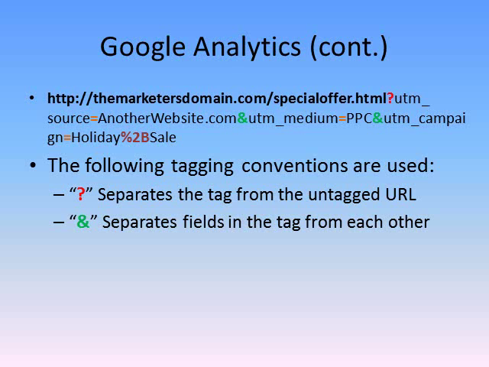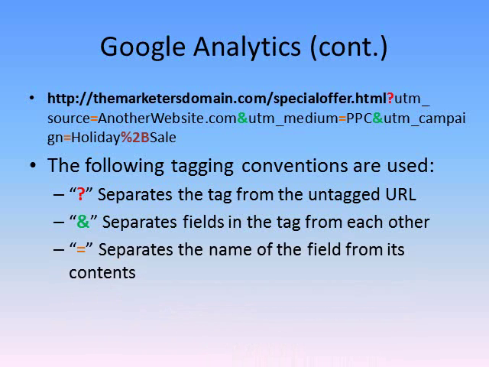The ampersand, or and sign, separates fields in the tag from each other. Notice it shows up there between those fields. The equals sign separates the field from its contents.